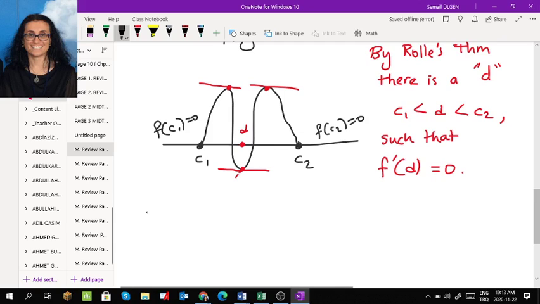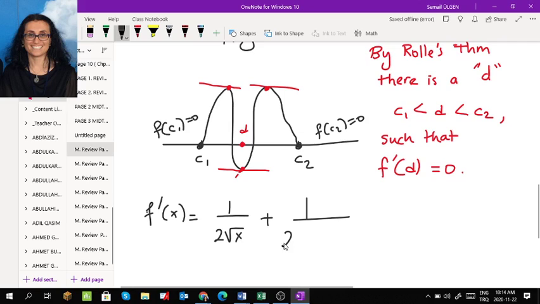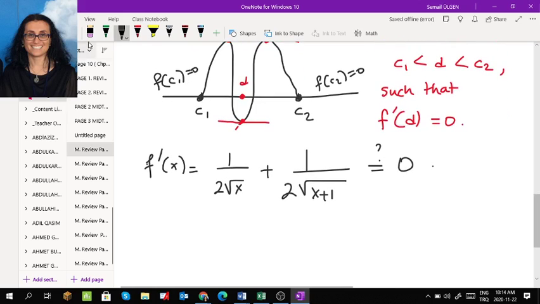But we found F prime at X is equal to 1 over 2 square root of X plus 1 over 2 square root of X plus 1. And is this ever 0 in here? Okay, let's check it out. This is not possible because this is always positive, strictly greater than 0.